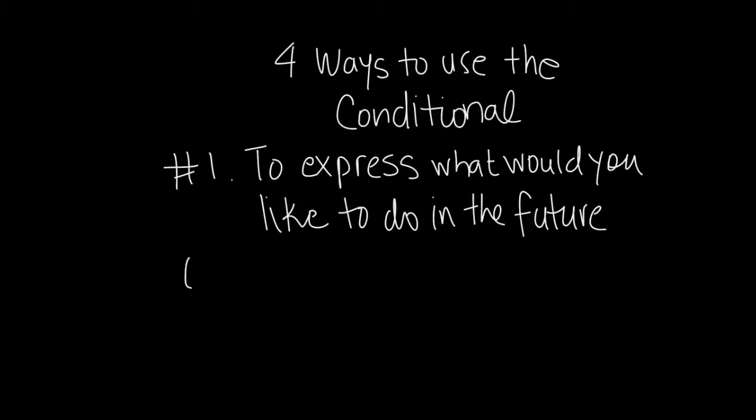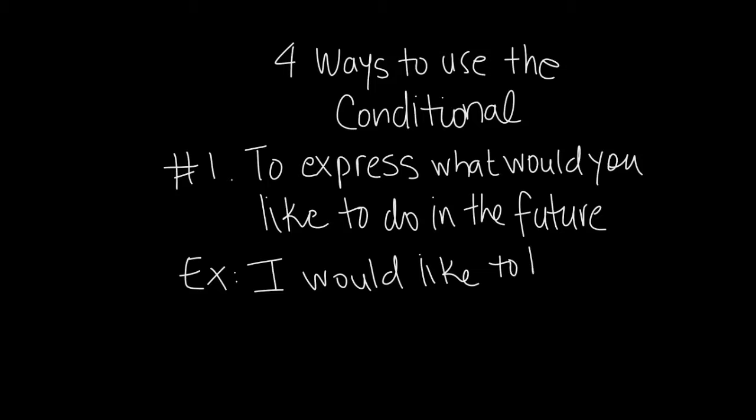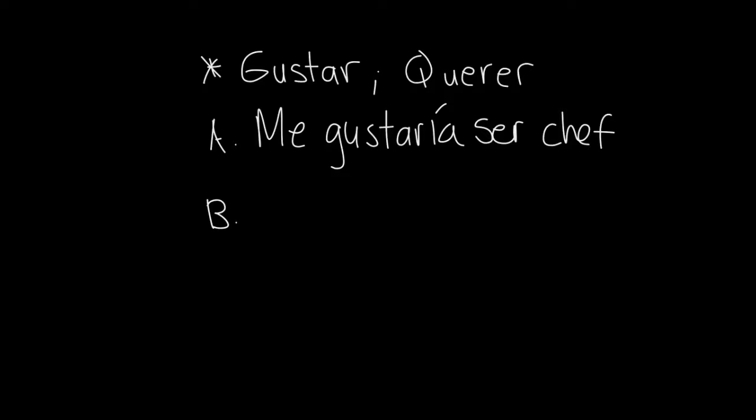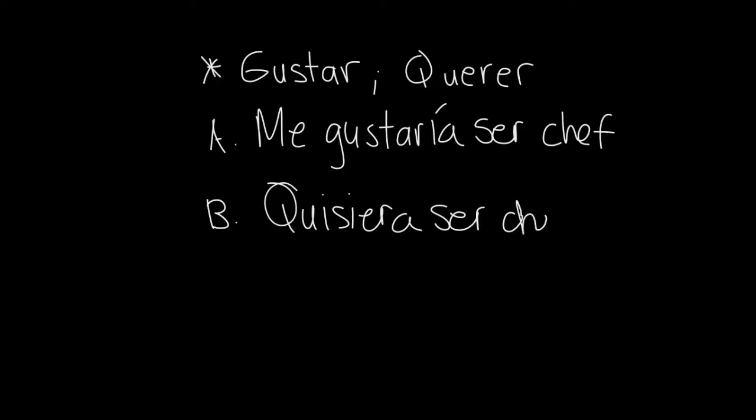So, for example, if I want to say, I would like to become a chef, then we either use the verb gustar or we use the verb querer. With gustar, it will be me gustaría ser chef, or quisiera ser chef.